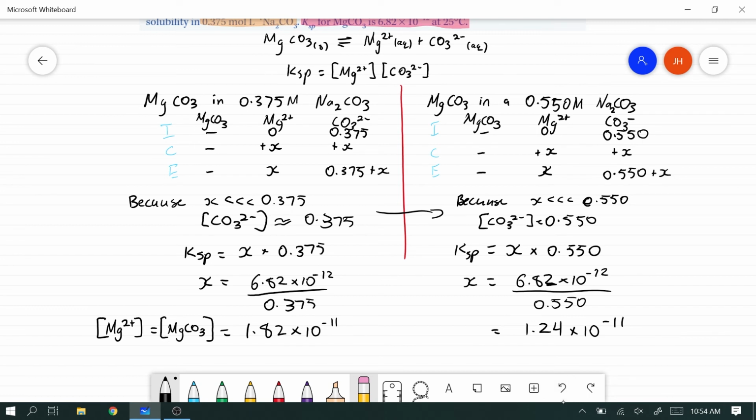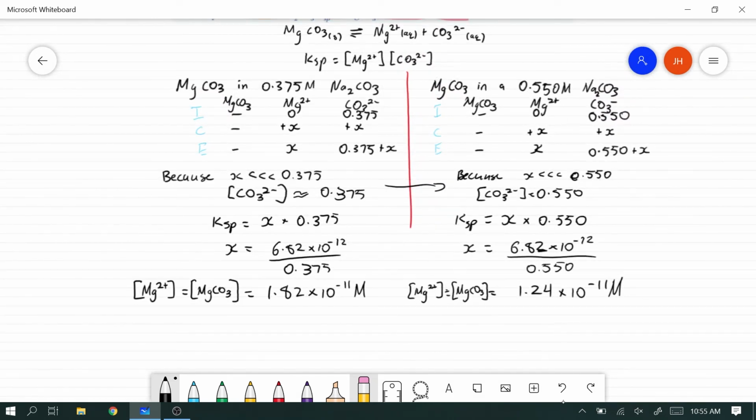The similar thing over here, I've got my magnesium ion concentration. This is effectively the same as the concentration of the whole magnesium carbonate unit. And we can use this to make a comparison. So these are our concentrations in moles per liter.